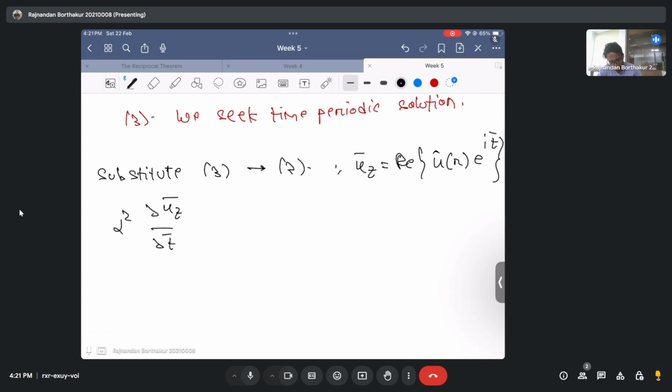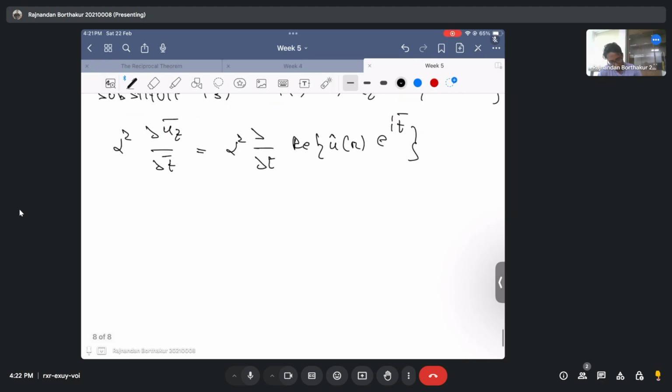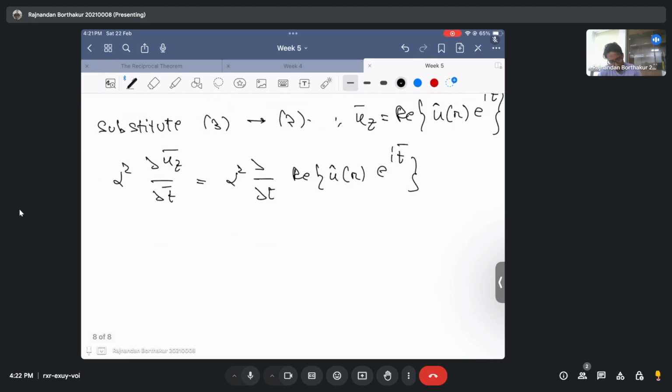All right, so if I do this substitution, I'll just end up getting alpha squared del t of the real part of u hat of r bar e power i t bar.